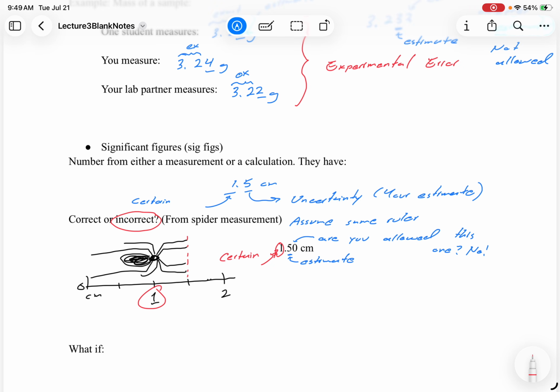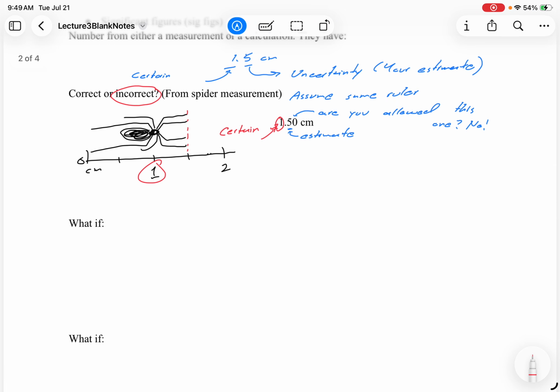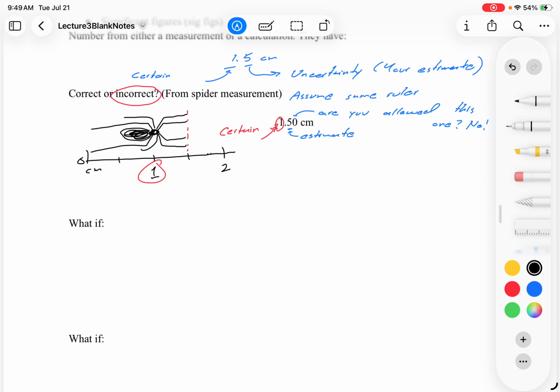But what if, using the exact same ruler, let's draw the exact same ruler again, right? This is your 1, this is measured in centimeters, 2, and this is your halfway point. This is just zoomed in on the same ruler.